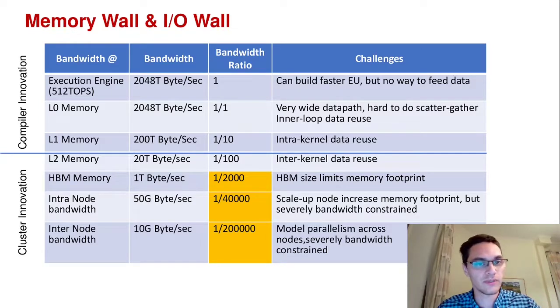The memory bandwidth needed to saturate it is 1048 terabytes per second, compared to HBM memory bandwidth of 1 terabyte per second, and HBM is the best throughput memory to date.